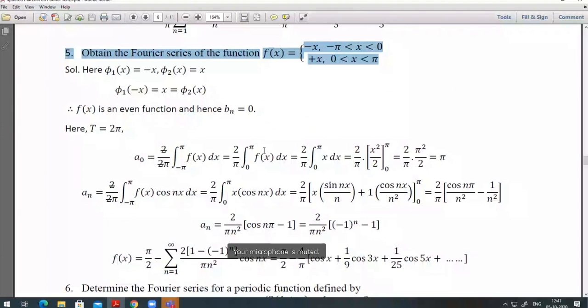So what about this function? Example 6, is it an even function or odd function? Anybody? Is it even or odd?